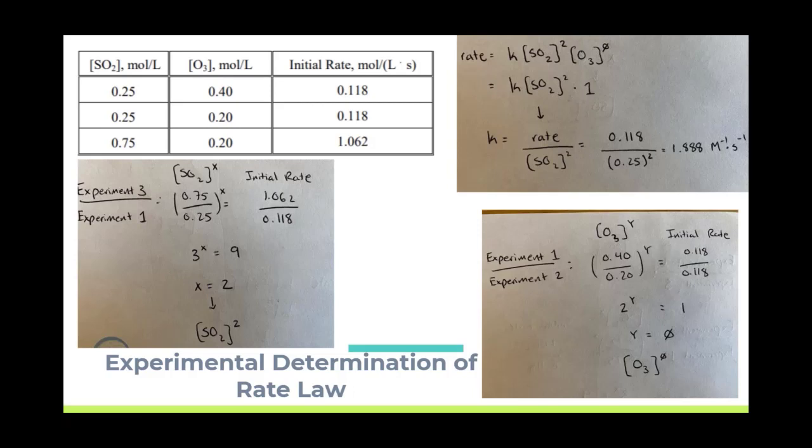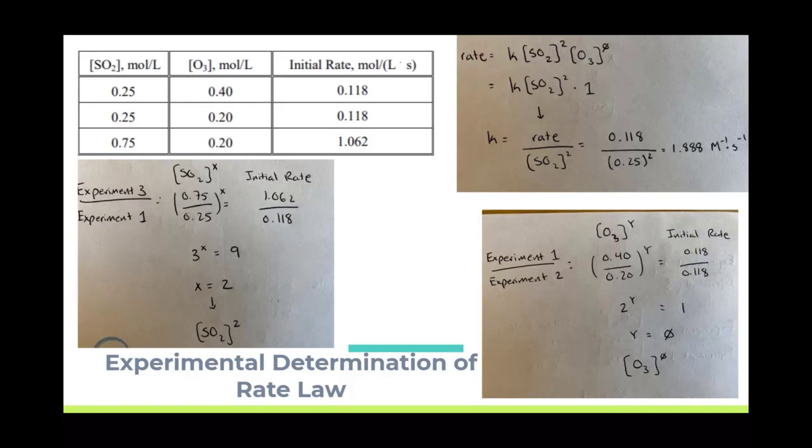When you divide the decimals, you'll get 2 to the power of y, and y needs to be 0 for the equation to work, basically. So since our exponent is 0, we can say that the reaction is 0 order with respect to O3.